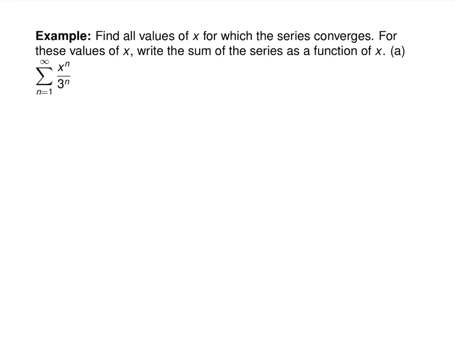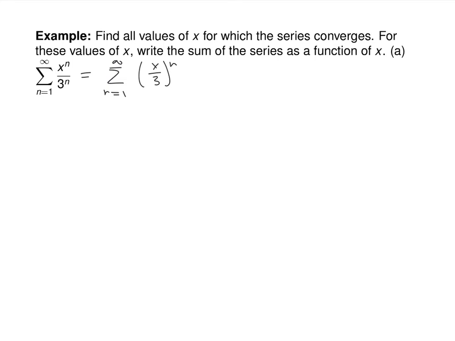Now these last few examples are going to preview some things we're going to cover more in depth later on. So here I have something that looks a lot like a geometric series. So sum from n equals 1 to infinity. If I rewrite that as this, n equals 1 to infinity, x over 3 to the n, you can probably see that that is probably a geometric series and will converge for some values of x.